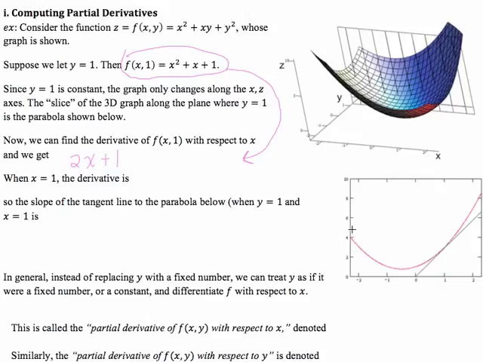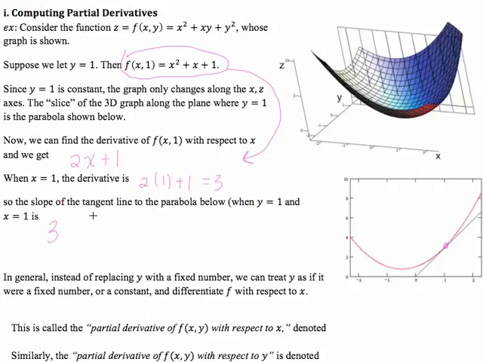That tells us the slope of the tangent line at any point along here with respect to x along the x-axis. So for example, if x is 1, we plug 1 in right there, we get 2 times 1 plus 1, or 3. In other words, the slope of the tangent line to the parabola when x is 1, that's right here, is 3.